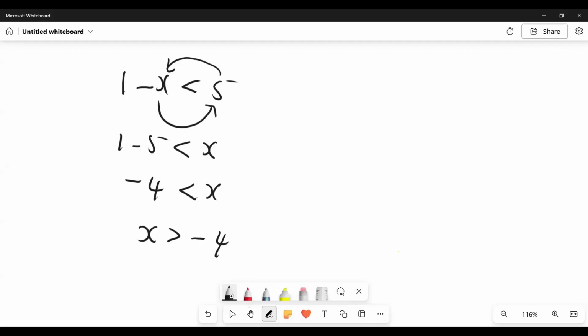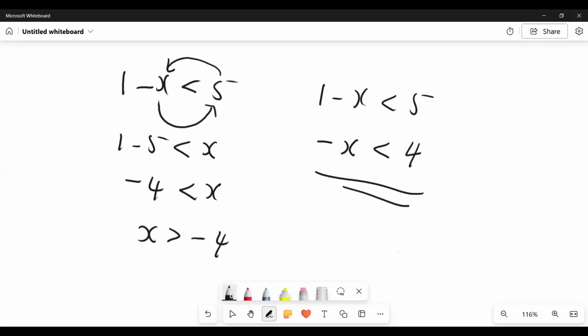Alternatively, you can do it the other way, where 1 minus x, and you subtract 1 from both sides, right? So you end up with minus x is less than 4. And then you multiply throughout by -1, right? When you do that, you know what has to happen to the inequality sign. You're going to get -1 times minus x giving you x.